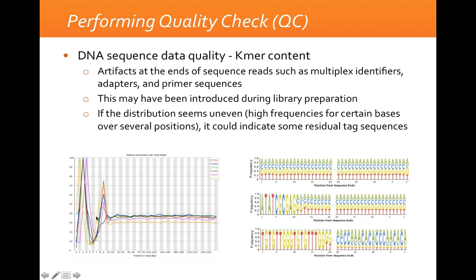Also, very often when you see this in the beginning of the reads, Illumina has informed the users that this is due to the sequencing machine itself needing the first nucleotides to calibrate its reading of the intensities of the base call.